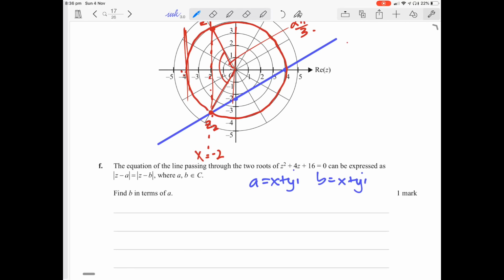So if I said B is negative 4, then A, if they're equal, relative to this line, A is equal to x plus y. So say A is a point over here, and B is a point over here.